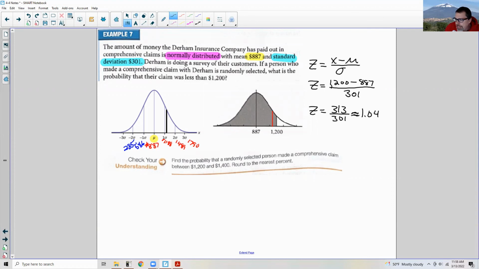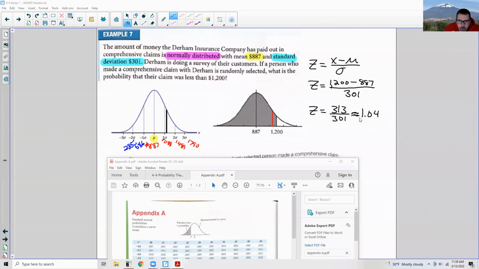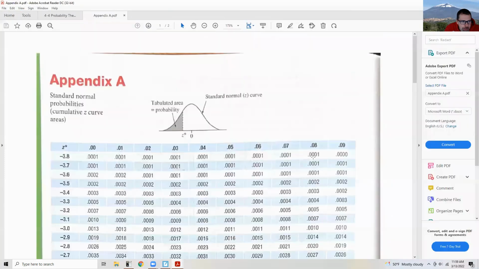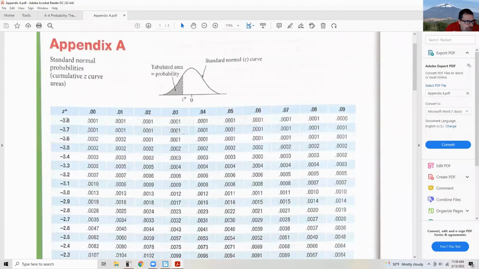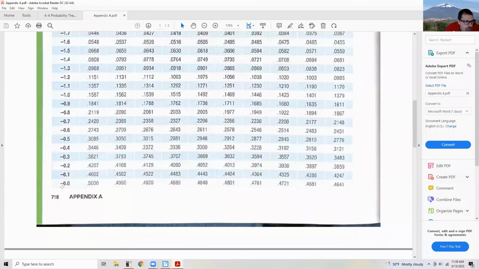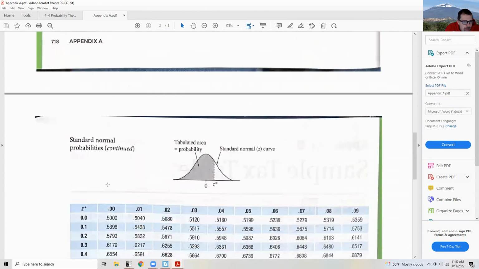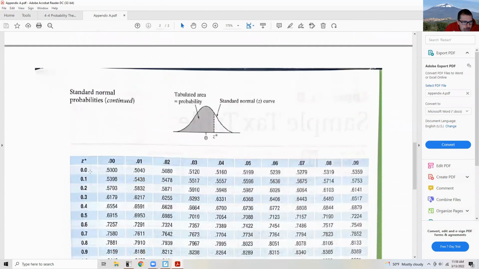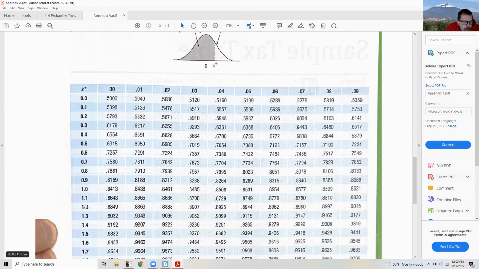As the book states, if you turn to page 718, there is an appendix A with a Z table. Okay, so here's my Z equals 1.04. I'm going to maximize this, my appendix A, remember 1.04. So I'm going to go up here, and Z scores can go from negative 3.8 all the way down. And on the first page, it goes to negative 0.00 or just below 0 here. And then continuing on, now notice it's 0.0 and then hundredths are over here. We want 1.0.